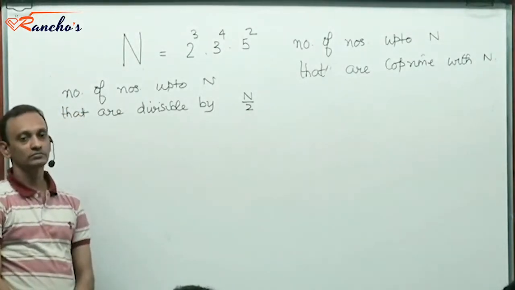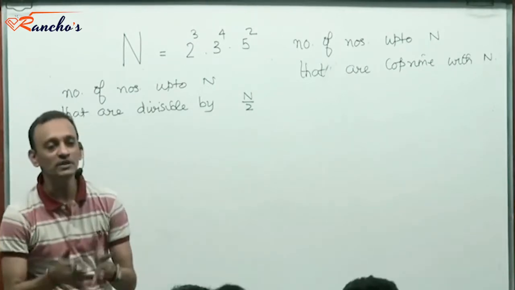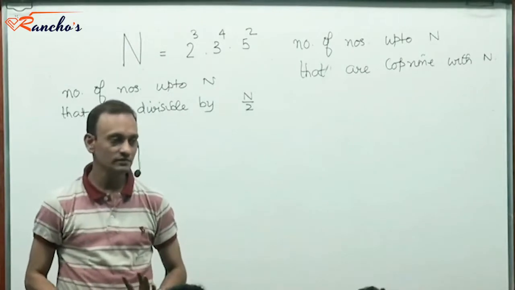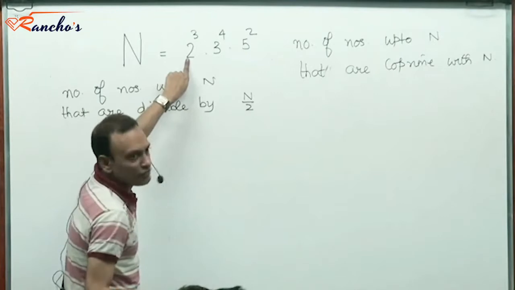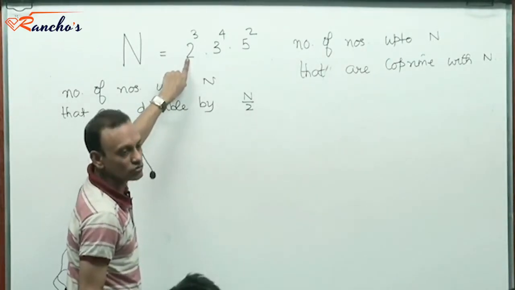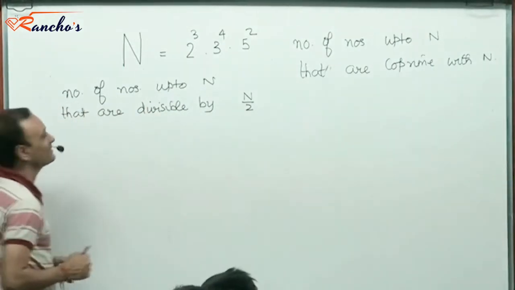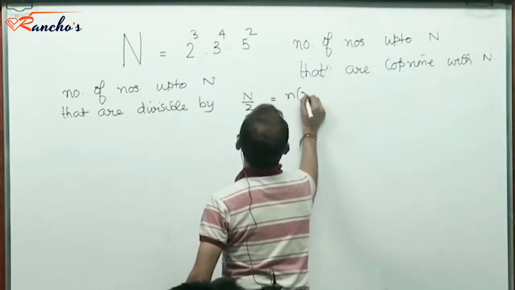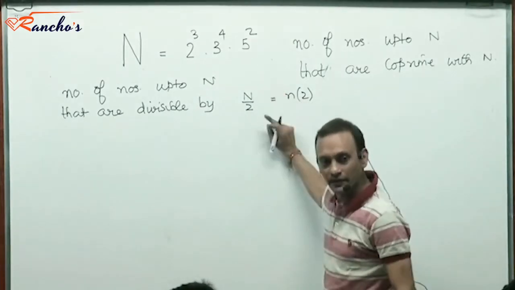Yes or no? Number of numbers up to 100 that are divisible by 2, 100 by 2, isn't it? n has to be divisible by 2. So let me call that n2, number of numbers that are divisible by 2. That will be n by 2, right?